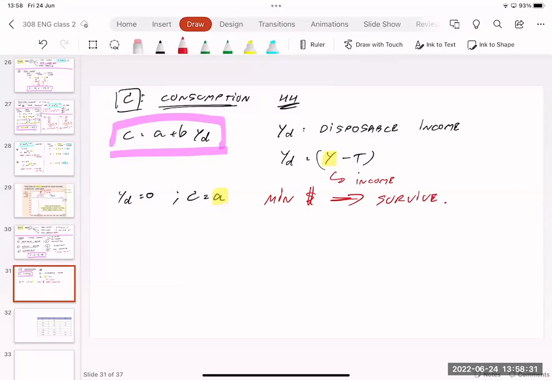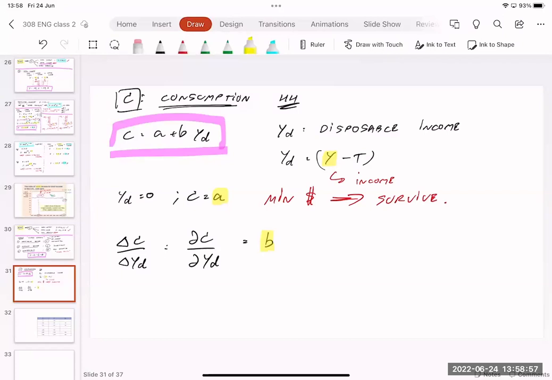Next is the variable B. The variable B comes from delta C over delta YD, or in calculus, the partial derivative of C over YD. In mathematics, delta means change. In this case, delta C over delta YD means that when YD changes, how does C change.